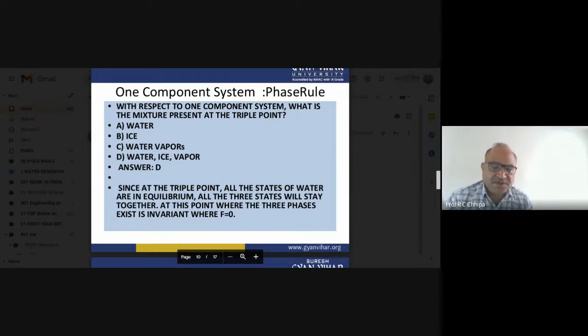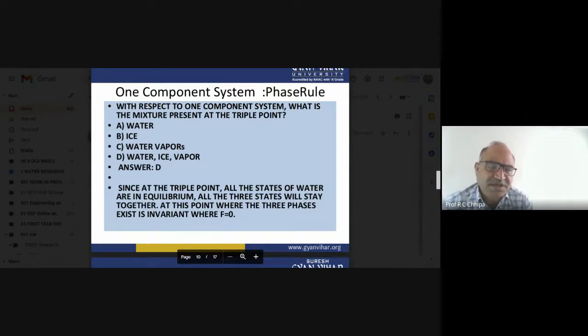With respect to one component systems, what is the mixture present at the triple point? We are today discussing only the one component system, and the question is, what is the mixture present at the triple point?